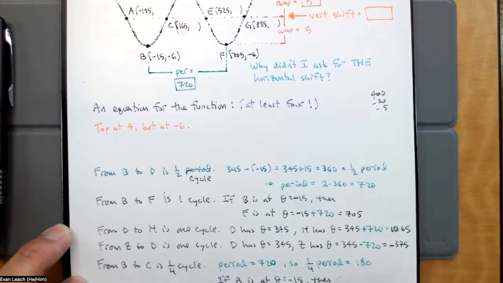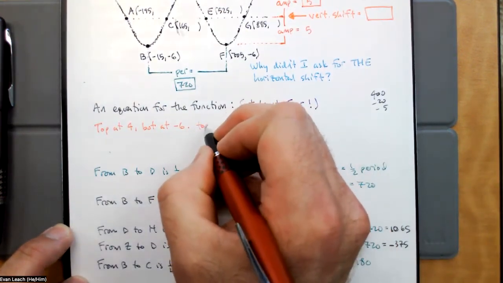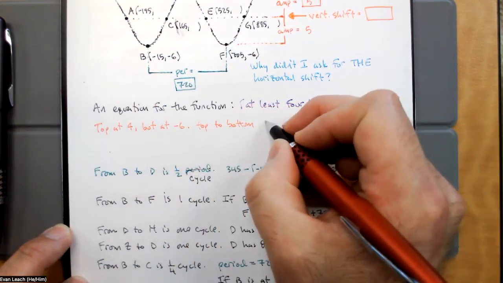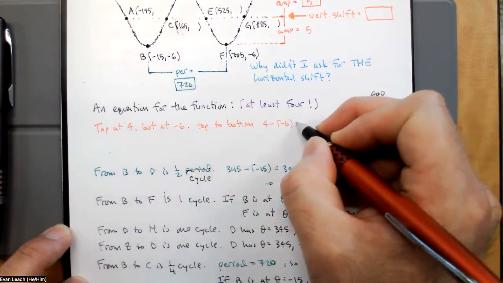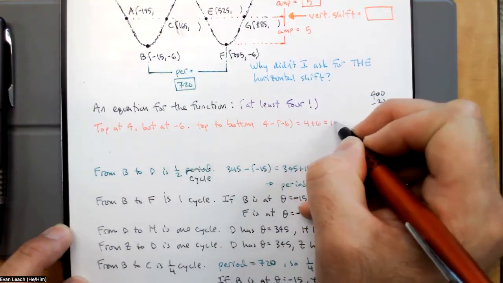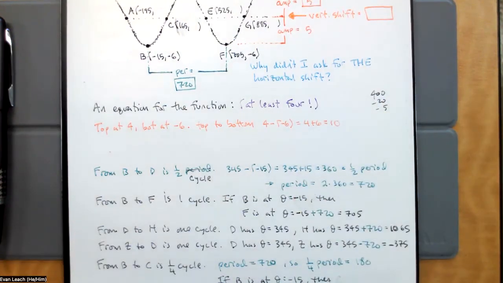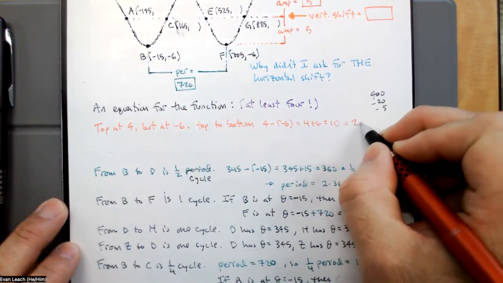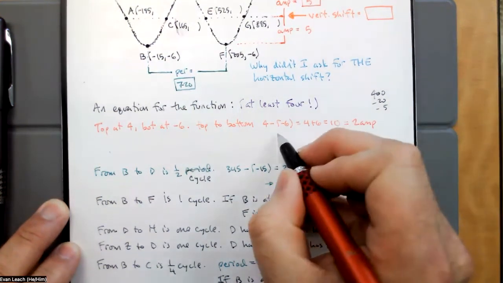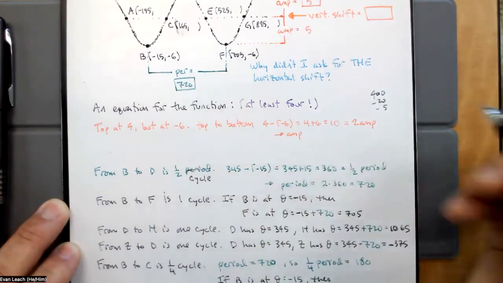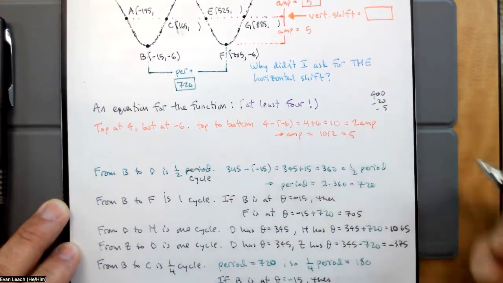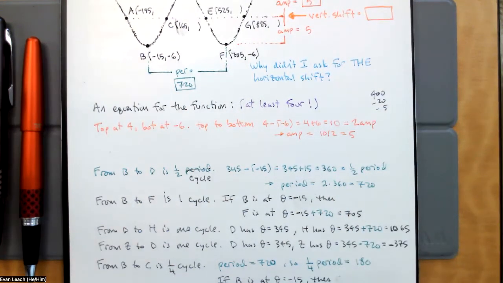So the distance from the top to the bottom is going to be 4 minus -6, which is 4 plus 6, or 10. This is 2 amplitudes, from the middle to the top and the middle to the bottom. And so that tells us the amplitude is 10 divided by 2, or 5. Great. Got an amplitude of 5.